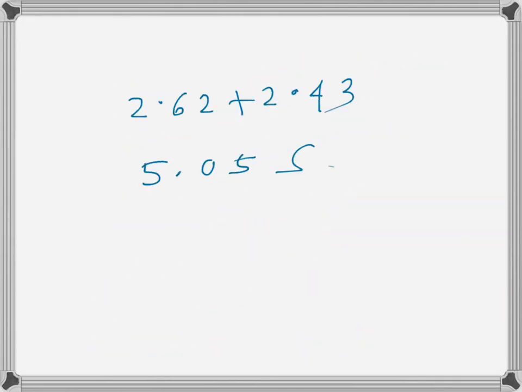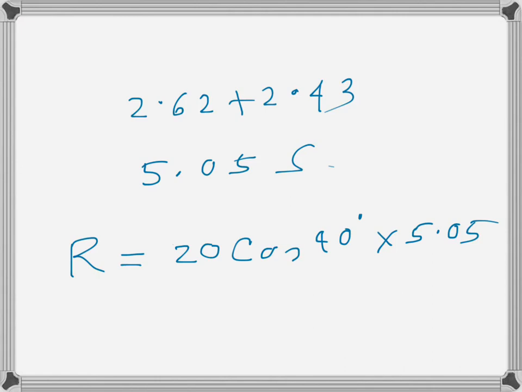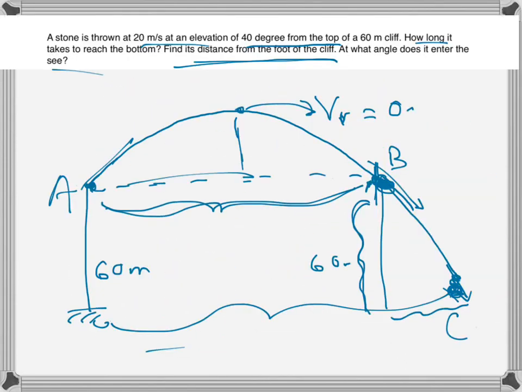So the total distance, if we say range r, will be u cos alpha, which is 20 cos 40 degrees, the initial angle, times 5.05. So that is 77.4 meters. That's the distance from the foot of the cliff.